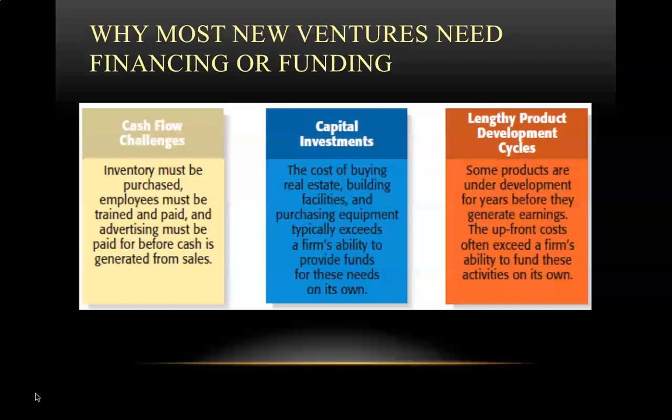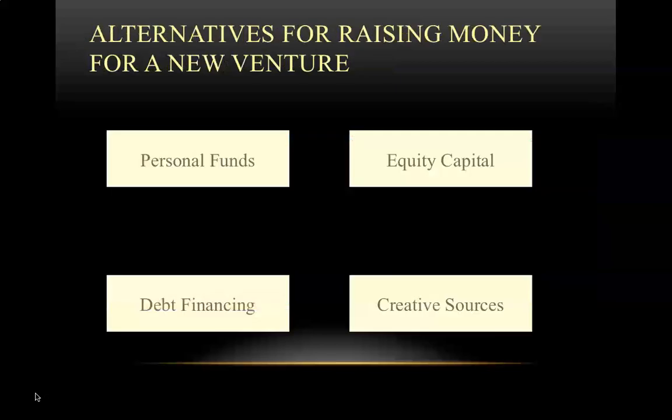So you can be developing a new drug or new biotech technology, and the product development cycle can be very long. So obviously we need funding while we are developing that product.